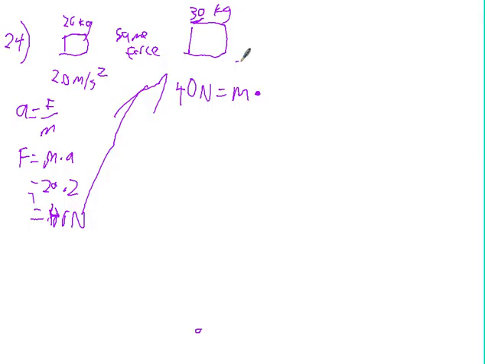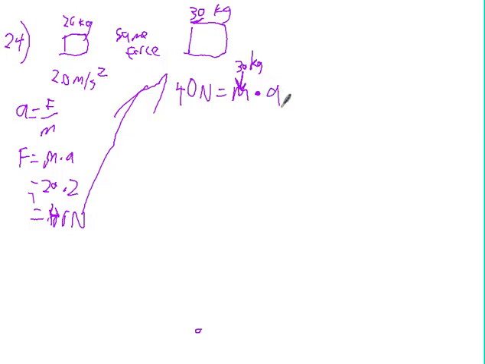Took off half a point because it didn't show my work. Why? Because I want to see how you got it. But I did it on the calculator. So show what you put into the calculator. So 40 newtons equals 30 kilograms times the acceleration.